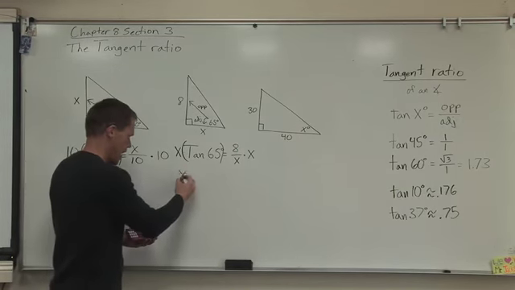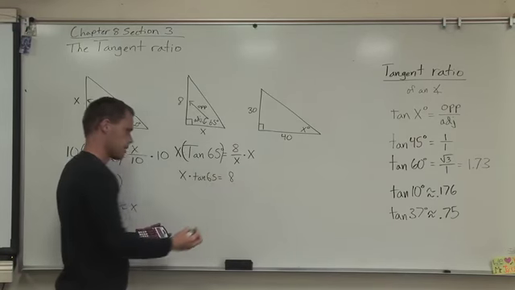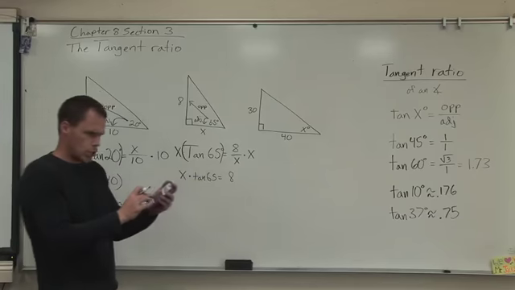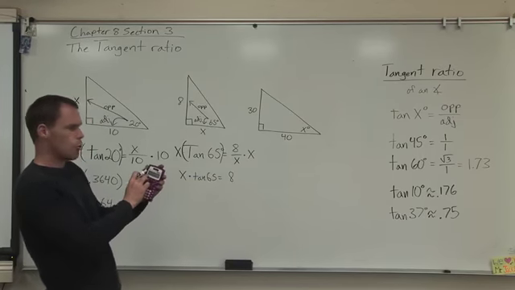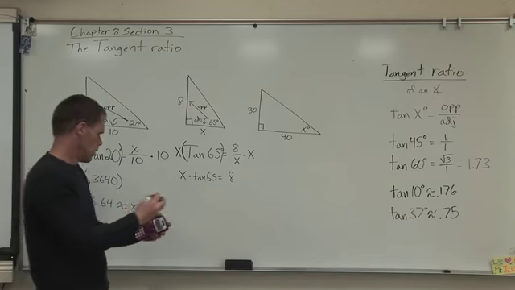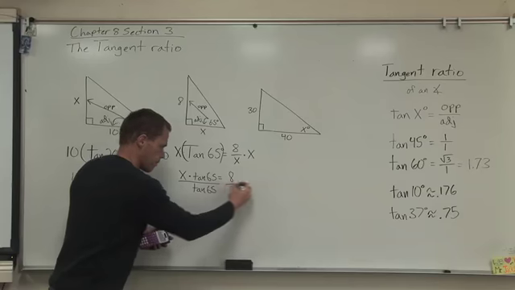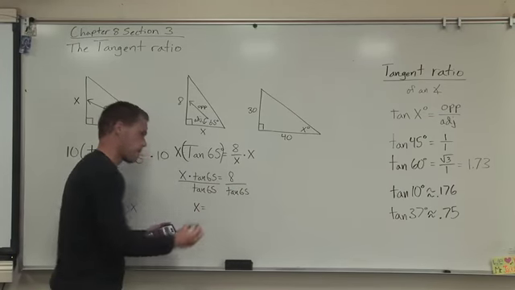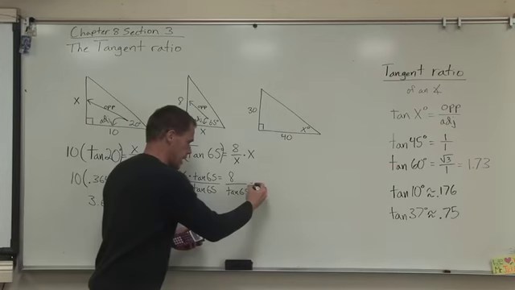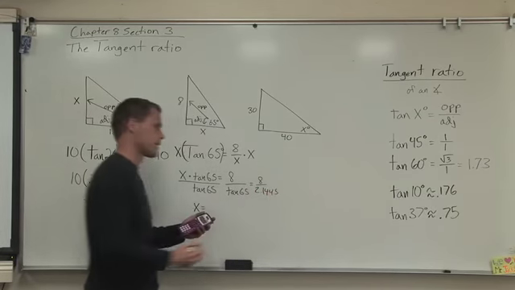Now I have x times tangent 65 equals 8. Tangent 65 is just a number. I can type in tangent 65 and the calculator tells me it's 2.144. So technically I'm going to divide by that number, and I need to make sure I do this right. This is really 8 divided by 2.1445.